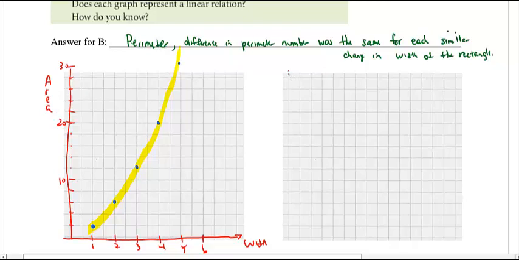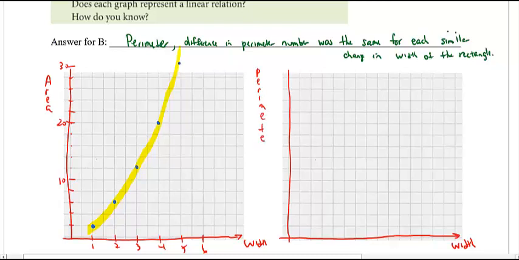And that hopefully is good news, because then it confirms the answer in part B, that perhaps the perimeter will be the one that is a linear relation. So let's do the same thing. 1, 2, 3, 4, 5, and 6. I hope you did this in your notes. I'll use the same scale, 10, 20, and 30.